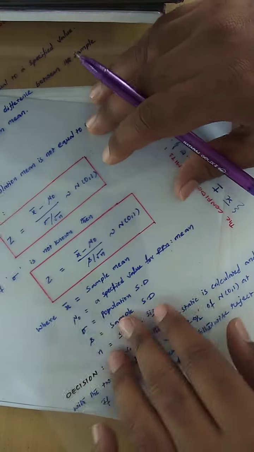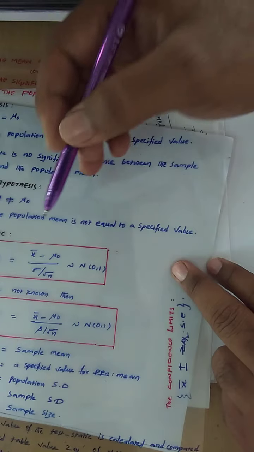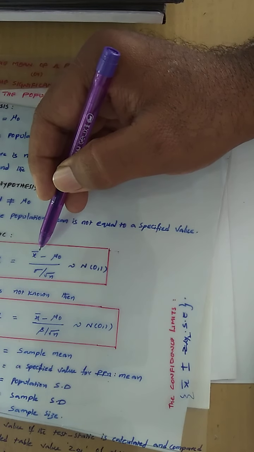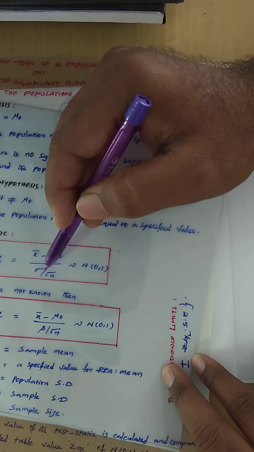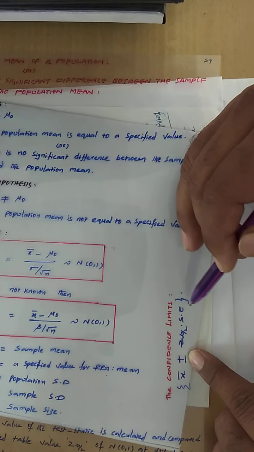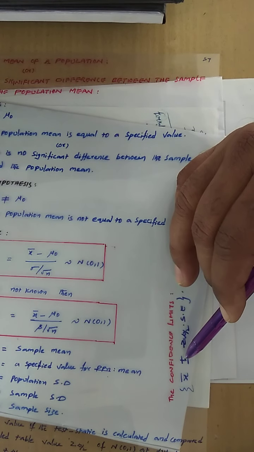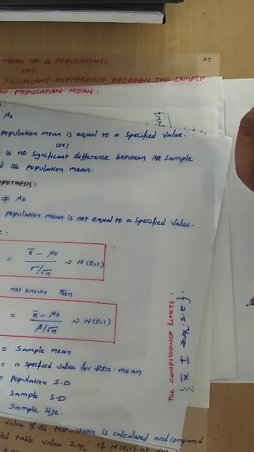Remember that in this formula, the sample value is x bar. The entire below term becomes your standard error. You substitute that standard error, one time take the plus, one time the minus, and you will get the confidence limits.